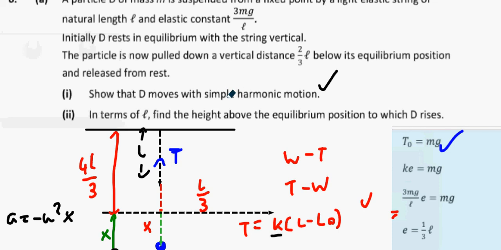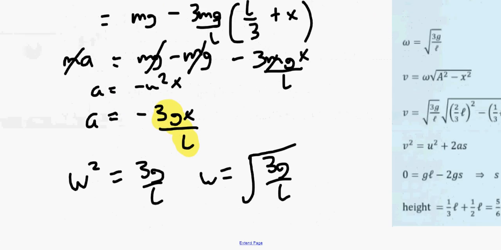What do we know about the amplitude? 2 over 3L. So, it's simple harmonic motion with omega equals root 3g over L and amplitude of 2L over 3. Is that cool, you guys?